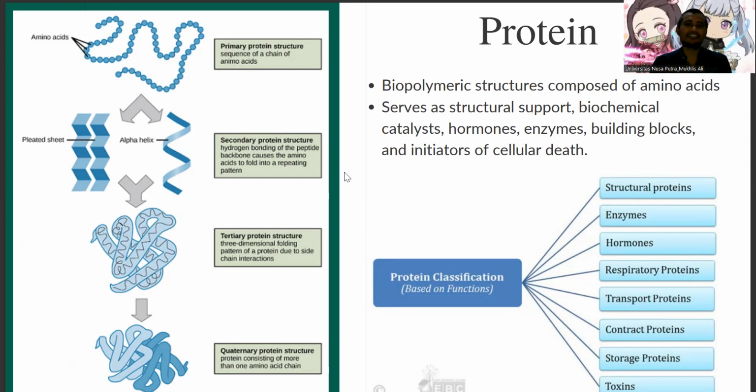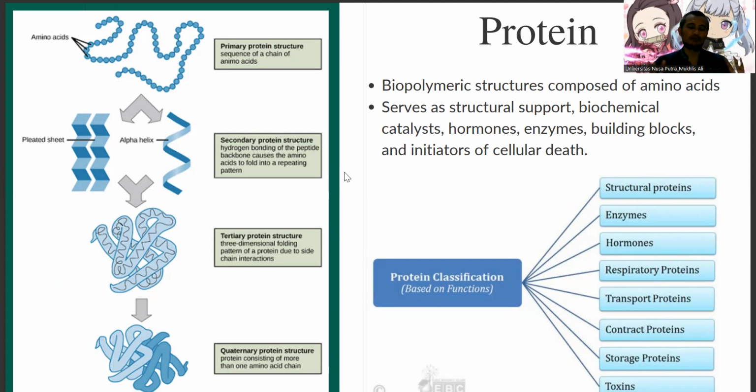And the secondary protein structure is when the chain is folded. When the chain is folded by hydrogen bonding, the amino acids will make folding and repeating patterns.